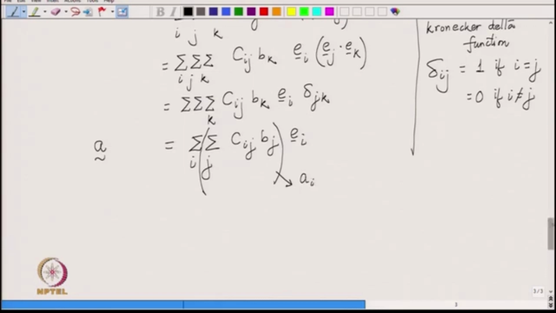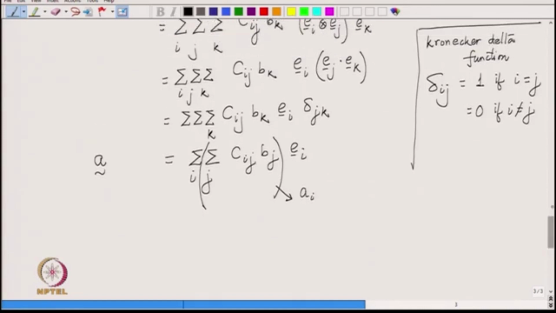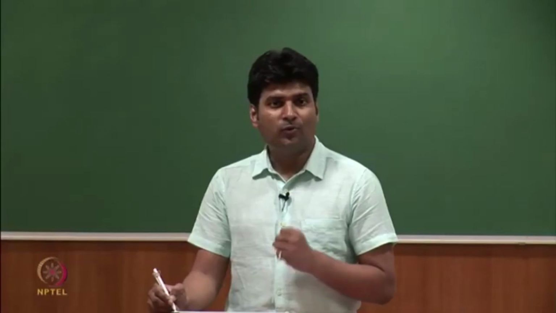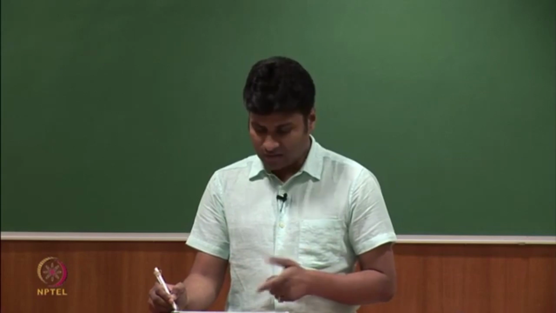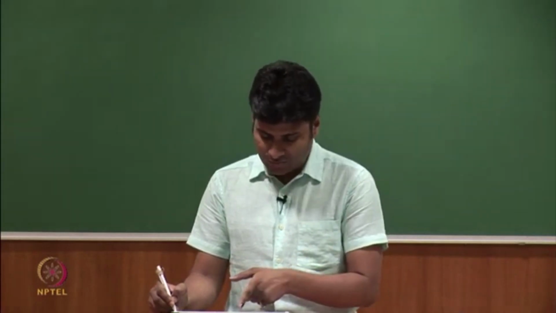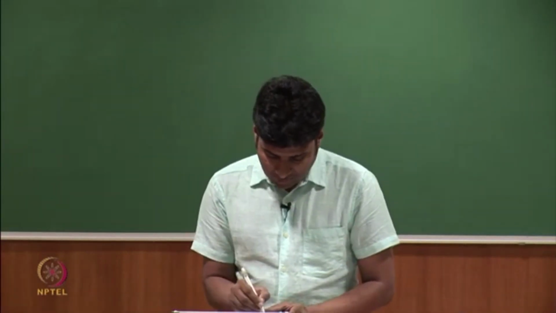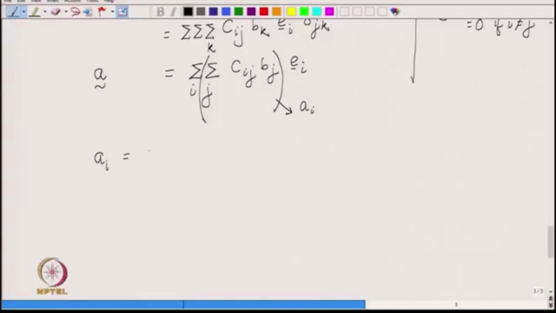So, what we see is that when we multiply a second order tensor with a vector, we get a vector, and the components of the vector are given by this formula. So, A_i is equal to summation over j of C_ij B_j, right.